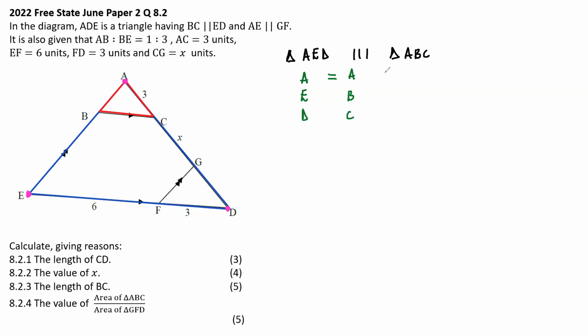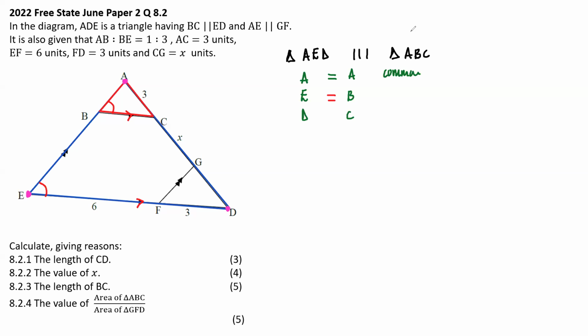A is equal to A, your best reason in the world, common. E is equal to B. Why is E equal to B? Look at it. BC parallel to ED. Those are corresponding angles.